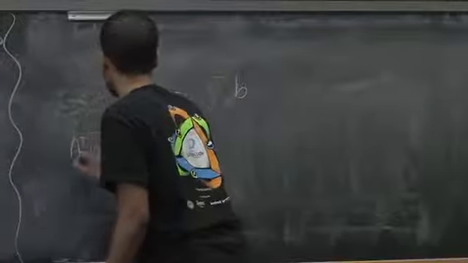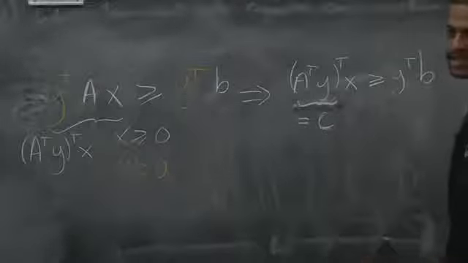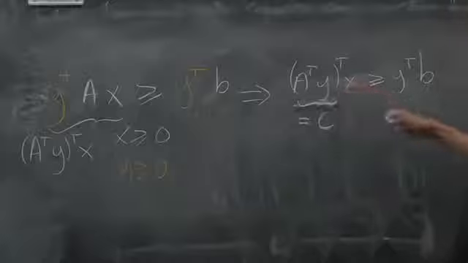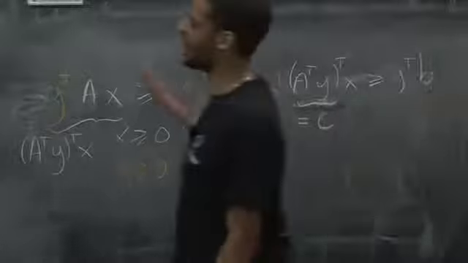Wouldn't it be great if this vector in here, A transpose y, were equal to c? Then I would have just proven to you that no matter how you choose x, c transpose x will be at least y transpose b. I've proven a lower bound on how well you can minimize this.